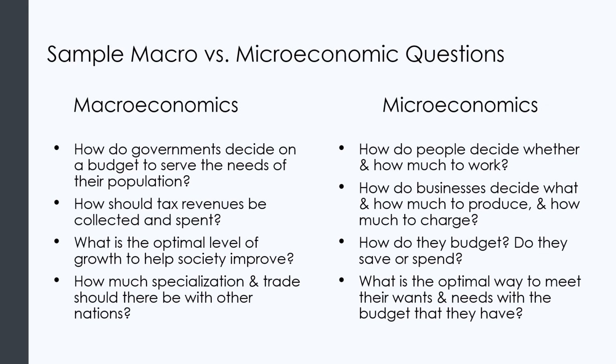So in the macro, we are going to be considering how governments, including the US, decide on a budget to serve the needs of their populations, how tax revenues should be collected and spent, and how much tax revenue to collect, what is an optimal level of growth to help society improve and help its citizens flourish, and how much specialization and trade should there actually be with other nations.